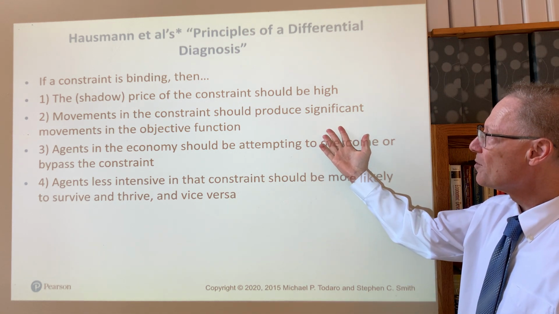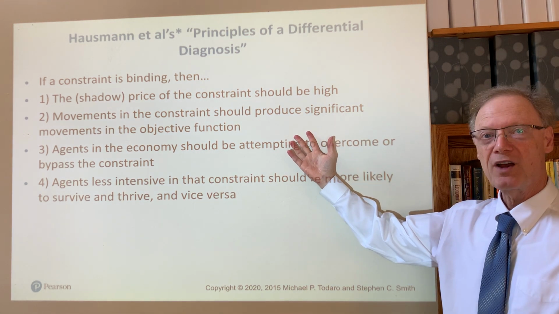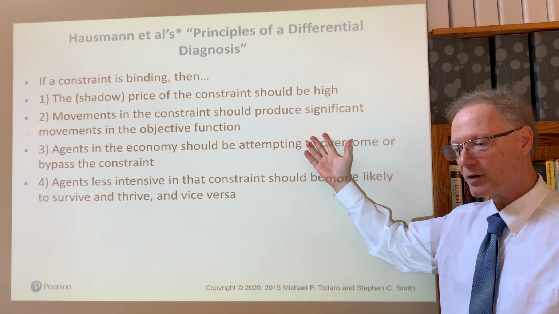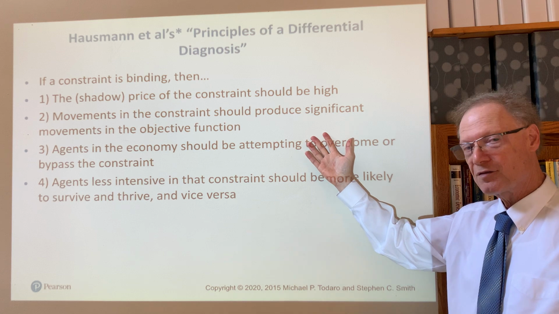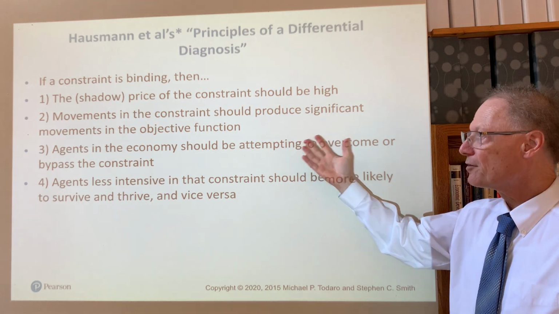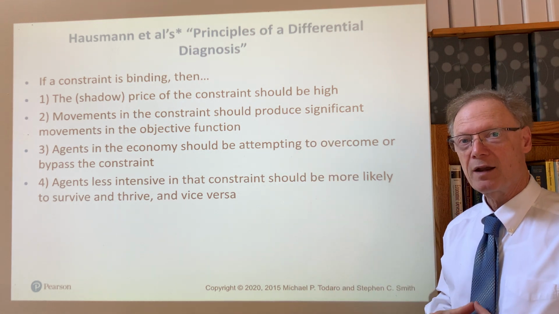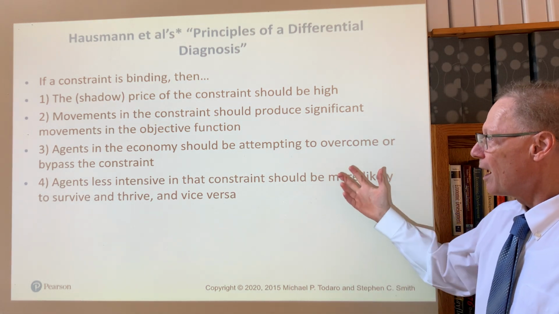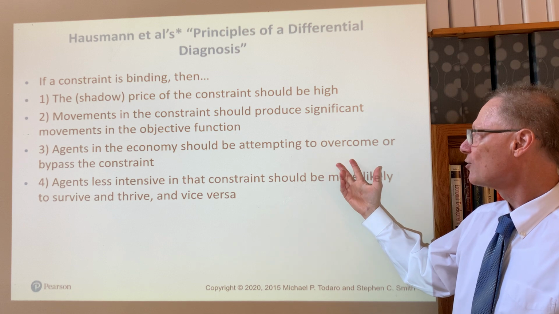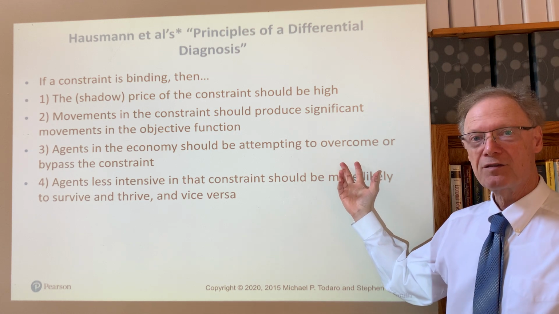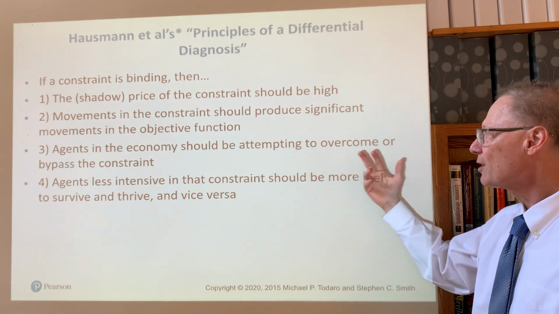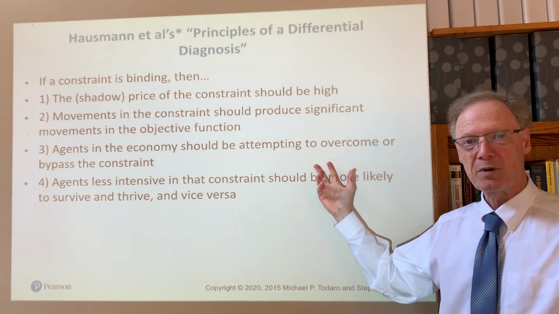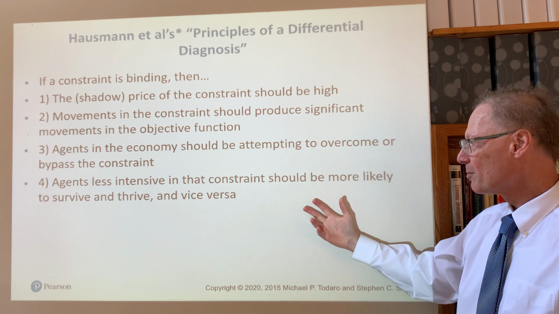Movements in the constraint should produce significant movements in the objective function. So if the objective function in this case is to encourage higher investment and hence higher growth, you should see that as a result, for example, of expanding high school education in a low-income country. Agents in the economy should be attempting to overcome or bypass the constraint, and so shifting to other means of transportation could be one example.